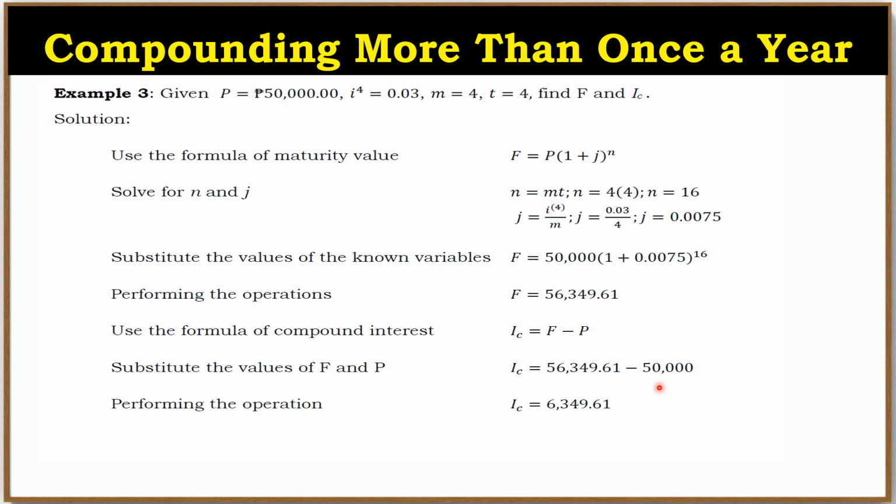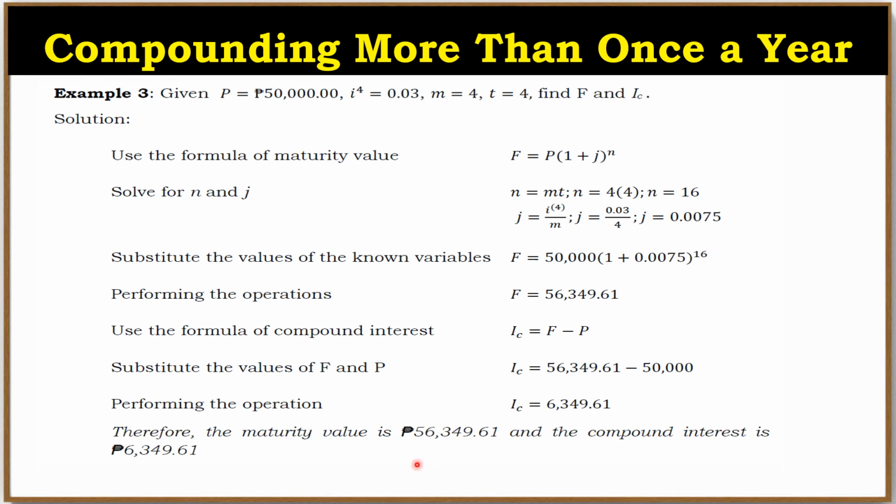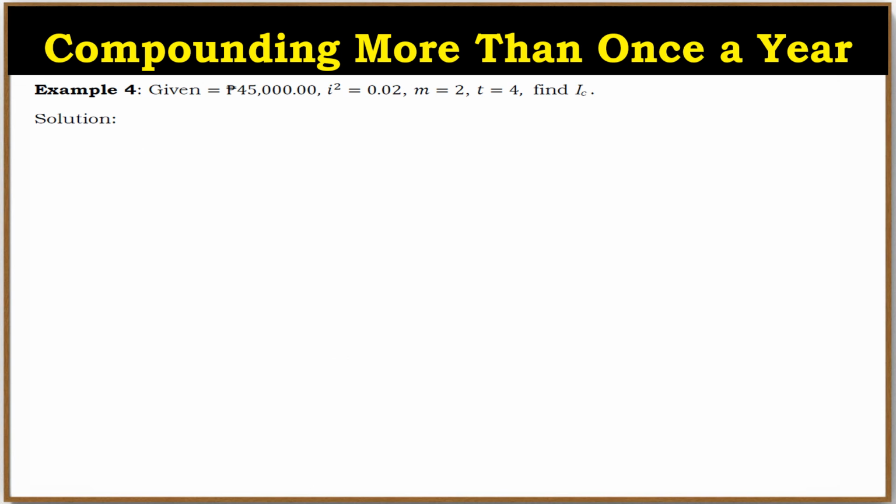Therefore, our answer for the compound interest is equal to 6,349.61. So our maturity value is 56,349.61 pesos and the compound interest is 6,349.61.